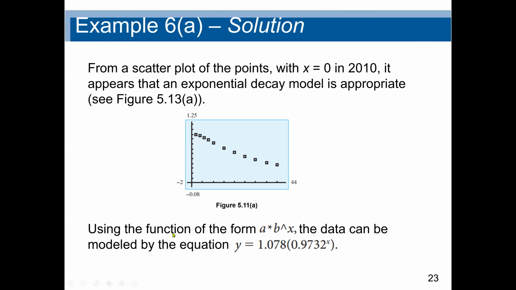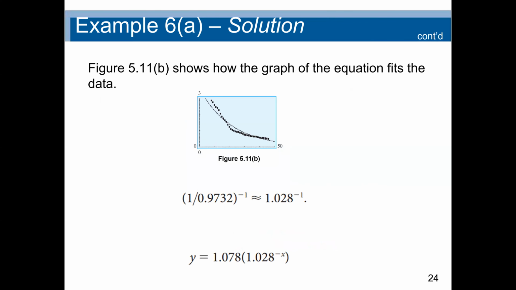But again, using the function of the form a times b to the power x, the data can be modeled by the equation of this. Again, the best way to solve this problem is using a software application such as Excel or SPSS, etc. A statistics application. Also, we can use a calculator.